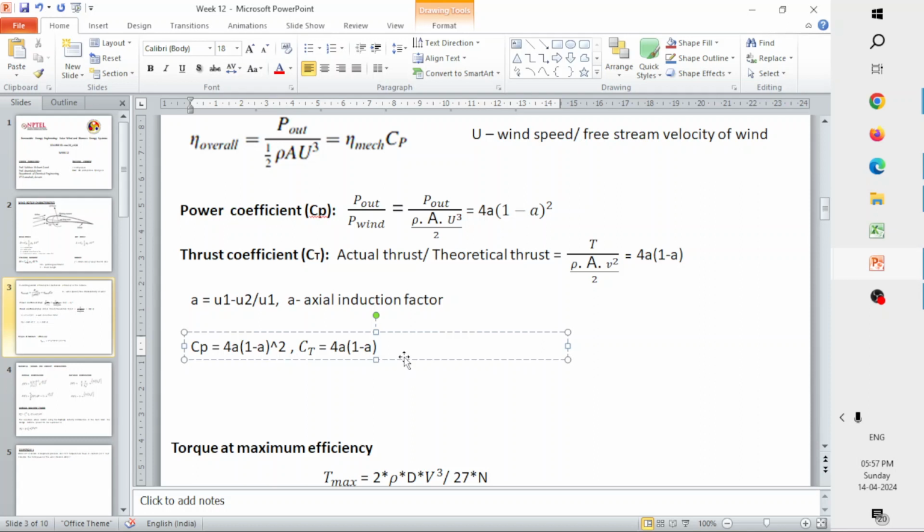So I hope you will be able to calculate the Cp max. For Cp max, you take the derivative and equate the expression to 0. From there you will get the values of a, and then you substitute and calculate the value of Cp.